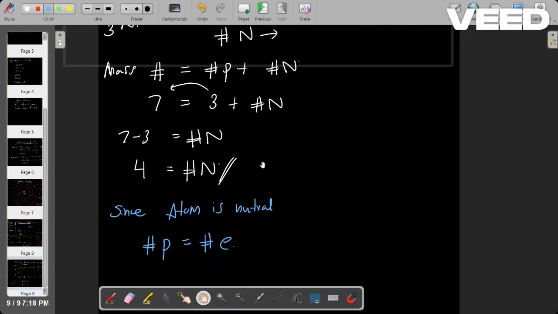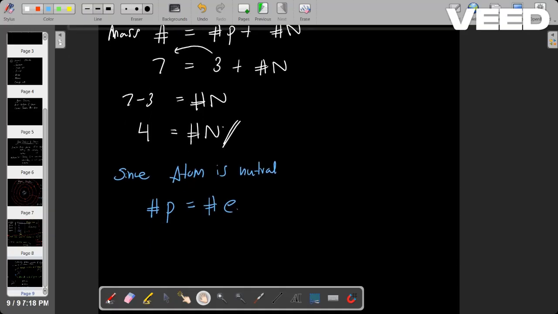Very good. The number of electrons is equal to the number of protons. So therefore, the number of electrons is again 3.